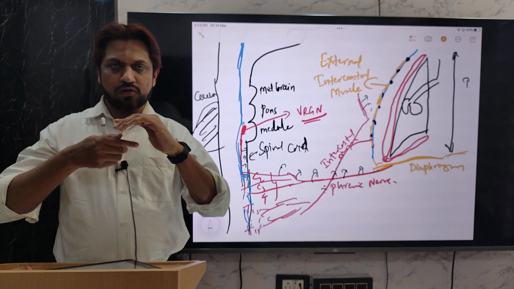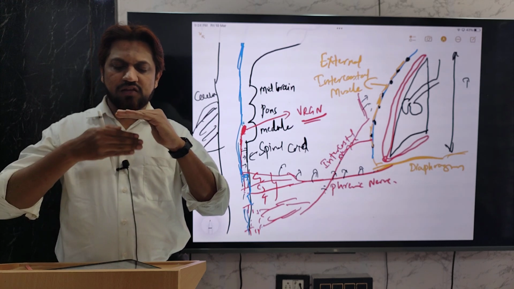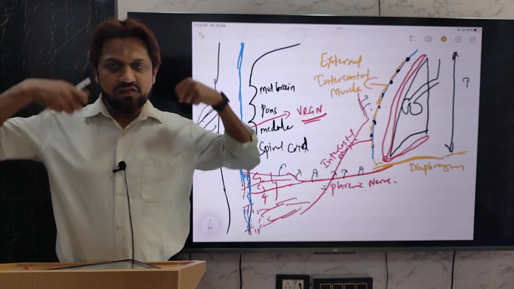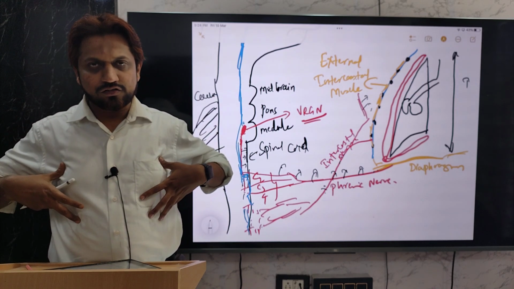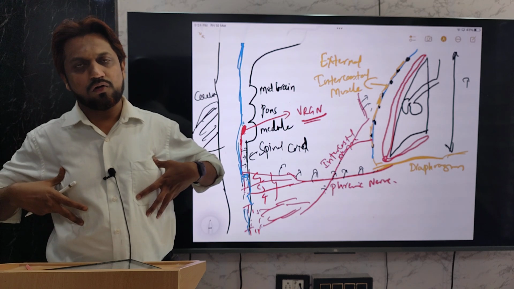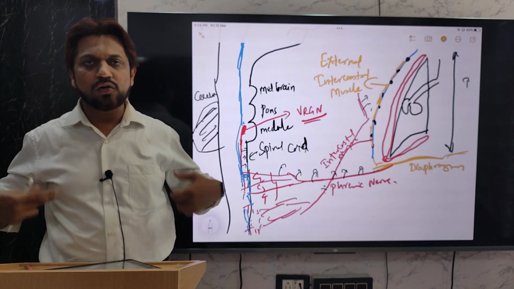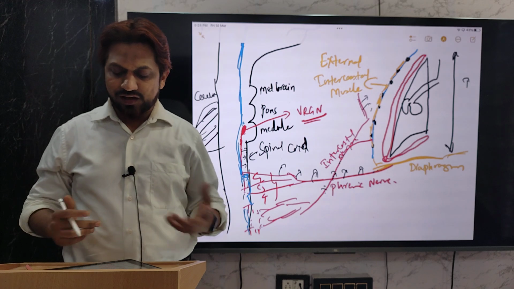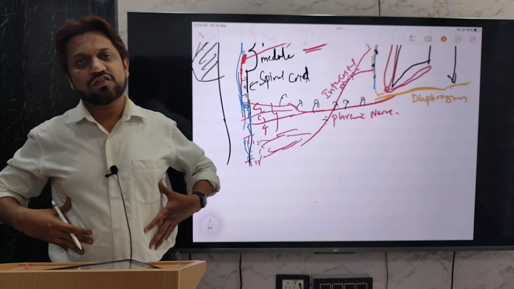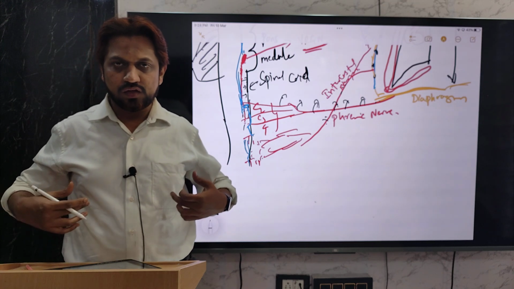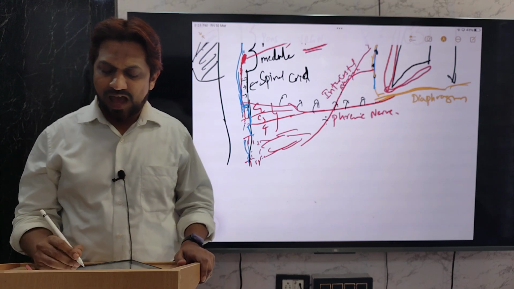So whenever it contracts, it will elevate the lower rib. So what exactly will happen whenever there is a contraction of the upper external intercostal muscles, from the second to sixth rib, and whenever there is a contraction of the external intercostal muscles from the 7th to 11th rib?